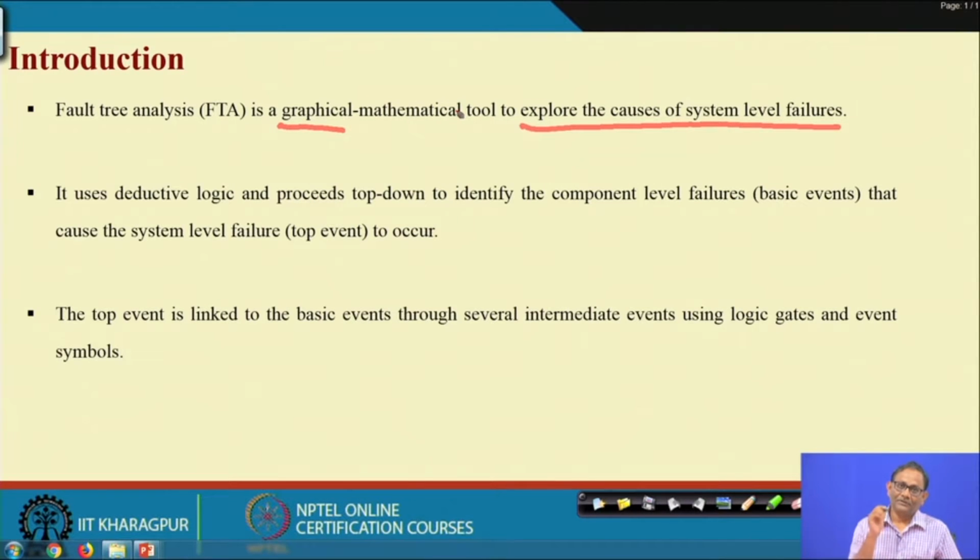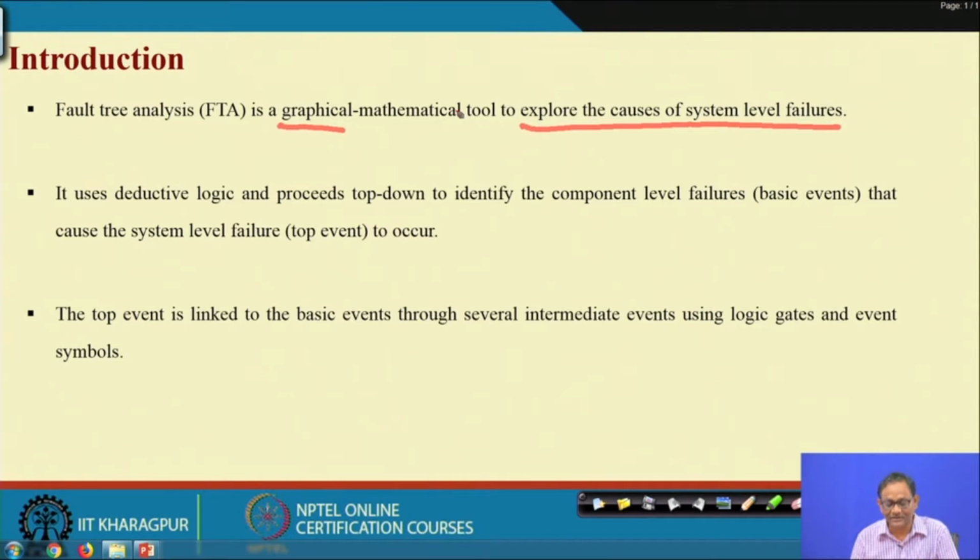Because the different events, from top events to bottom events, including intermediate events, are linked with logic symbols like AND gate, OR gate and similar gate symbols, which can help us to develop the mathematics of the higher level events.